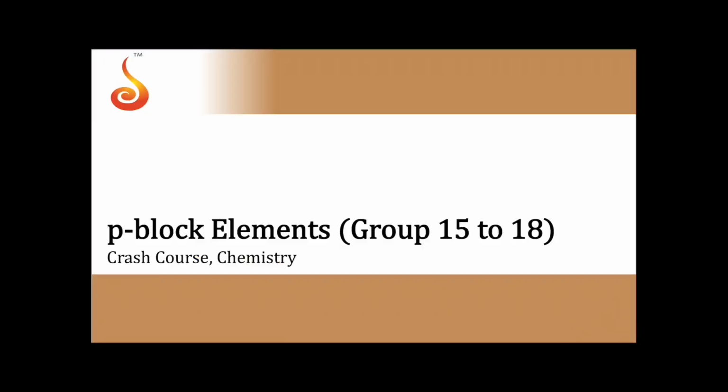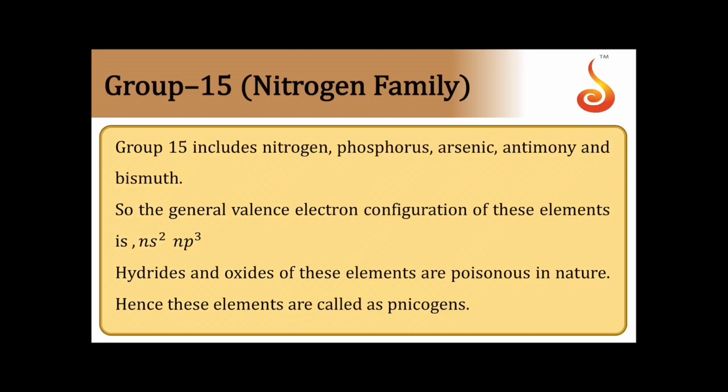15th group elements include nitrogen, phosphorus, arsenic, antimony and bismuth, and their general configuration is ns2 np3. The hydrides and oxides of these elements are poisonous in nature. Hence, these elements are called pnicogens.